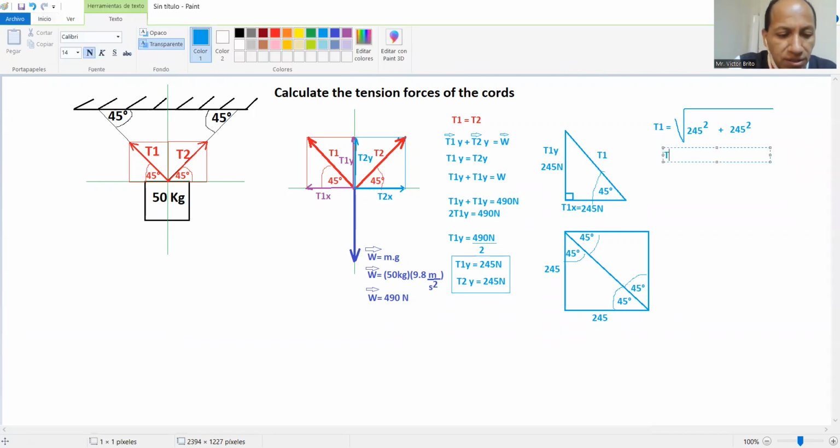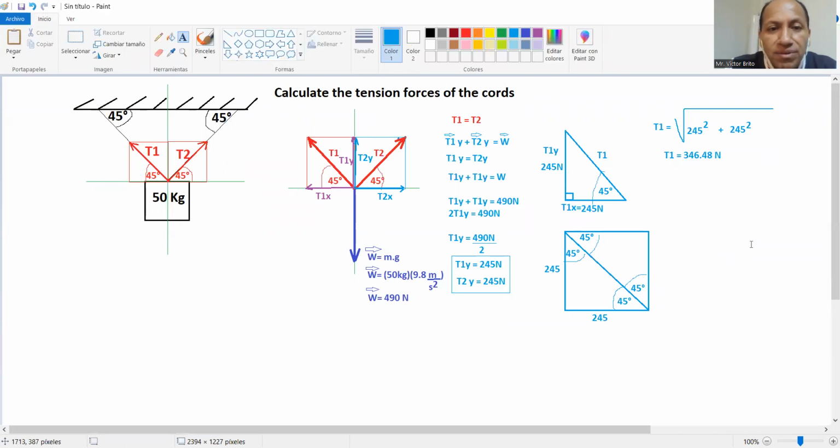So the tension 1 is the square root of 245 squared plus 245 squared, which is 346.48 newtons, right?